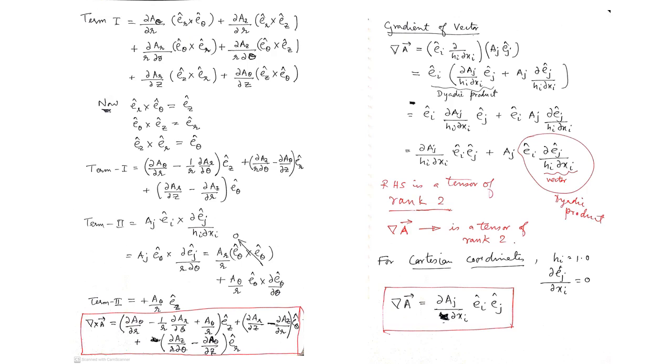So since I have to sum over all possible cross product combinations, so as you can see in the previous slide, though the I, J, K are repeating indices, but we know that ER cross ER and E theta cross E theta and terms like that will be 0.